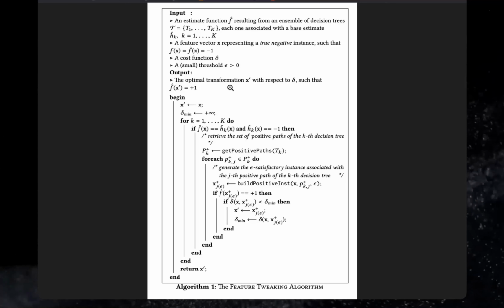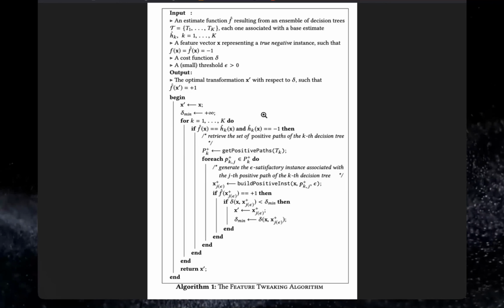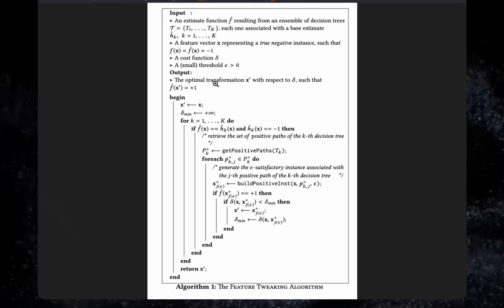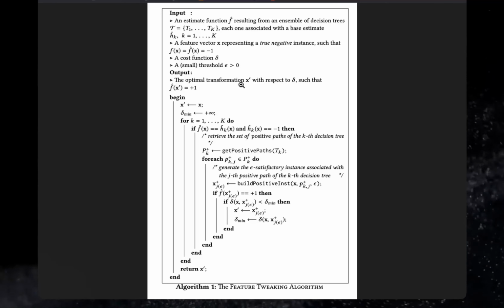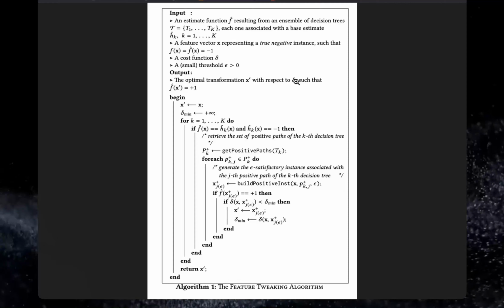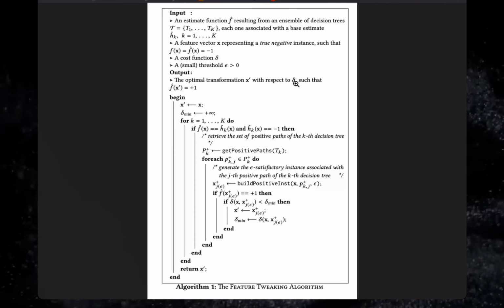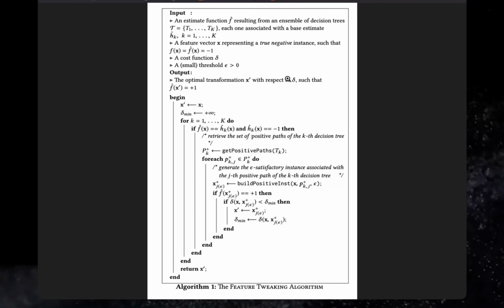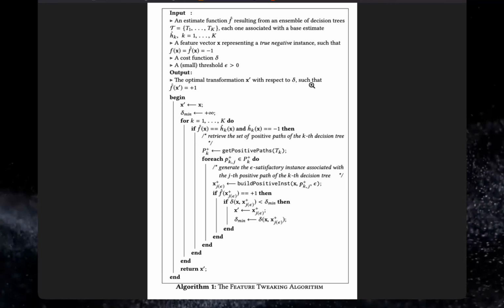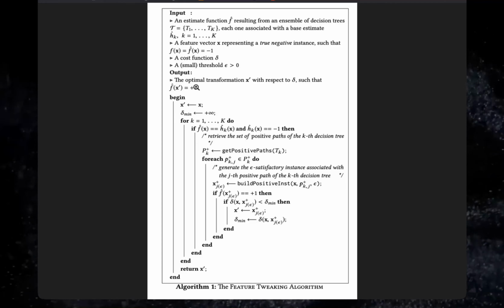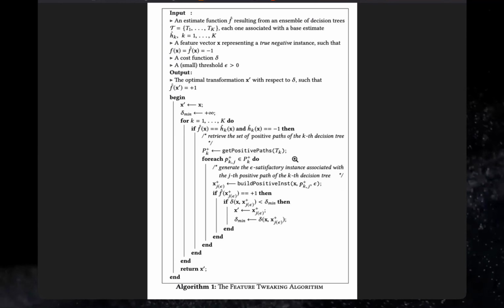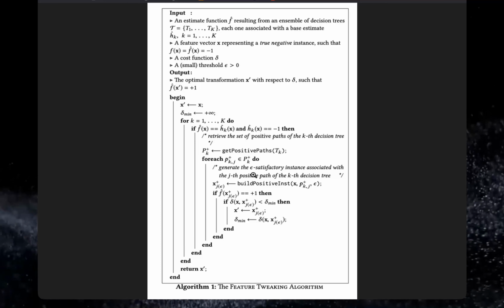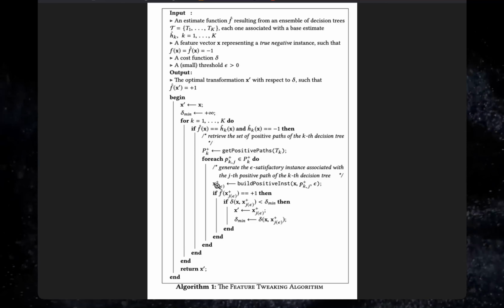That's what all of this mumbo jumbo in this for loop is. So we're trying to find, where you can see my mouse, the optimal transformation with respect to a delta. So this delta is like the delta ball that you might see in university mathematics, such that the label is flipped. So the idea is not particularly tricky.